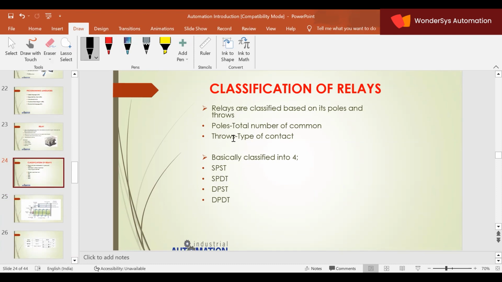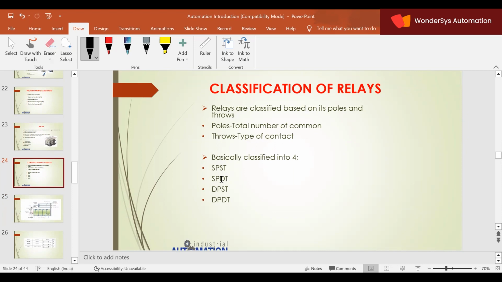Now next is the classification of relays. Relays can be classified based on the number of poles, that is the number of commons, and based on the number of throws. For common, we call it pole, and for contact, we call it throw. If we have a single pole, single throw, that means a single common and a single contact, then it is called SPST.